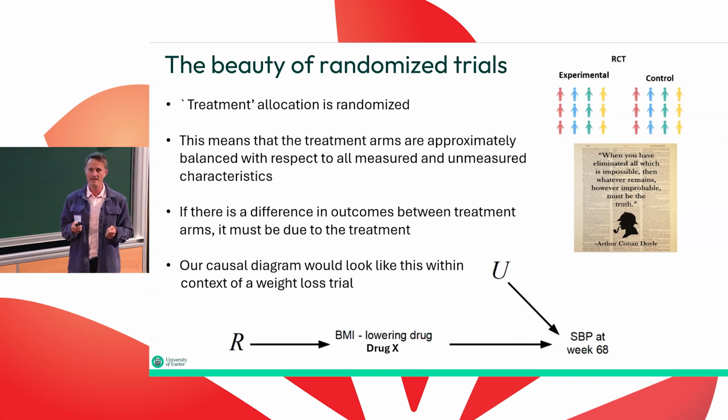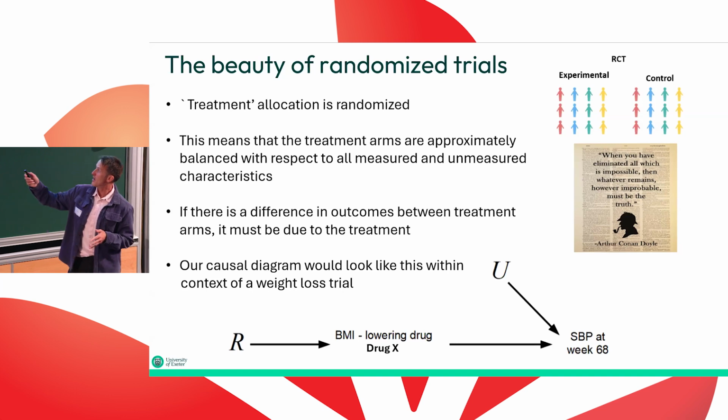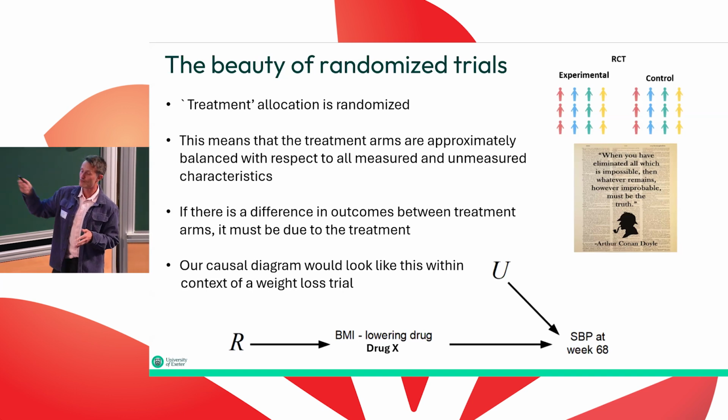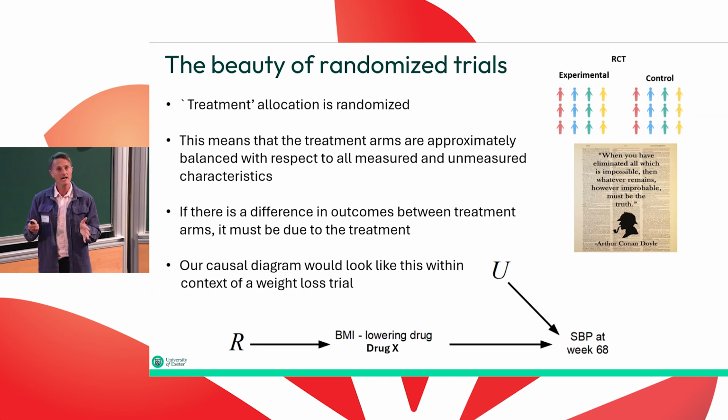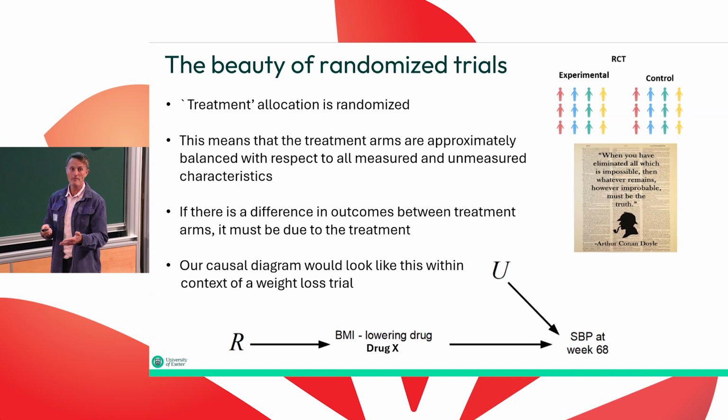Just extending the causal diagram to the case of a randomized trial, hopefully you can see R represents randomization now. Suppose we were going to randomize people to take a BMI lowering drug, and then we observe their systolic blood pressure a year, 68 weeks later.